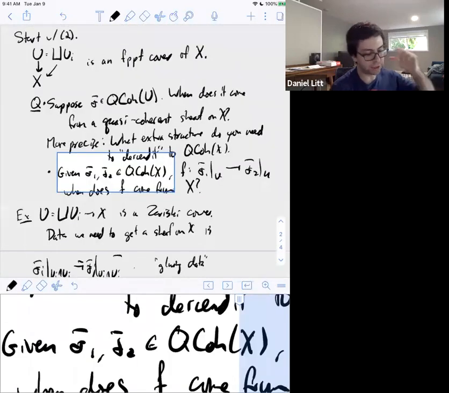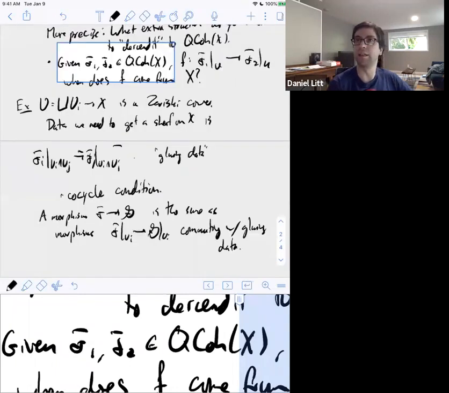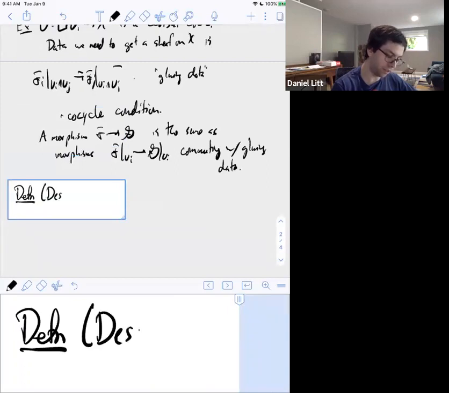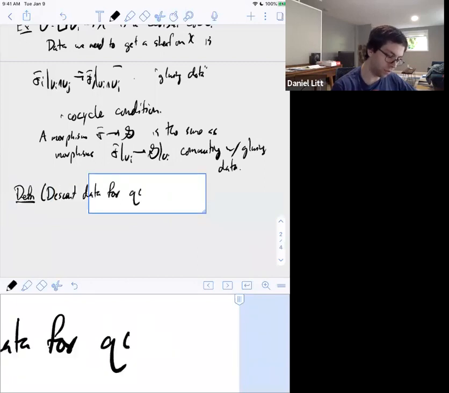Okay, so what we want is a way of imitating this description of gluing data and commuting with gluing data to more general covers, not just Zariski covers. So here's how we're going to do it. So this is a definition, and it's the definition of descent data for quasi-coherent sheaves.